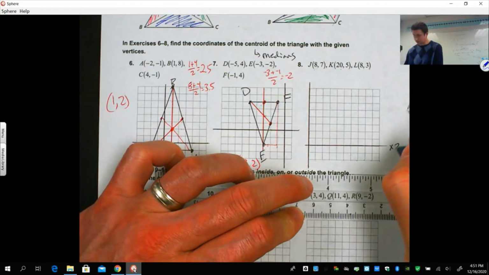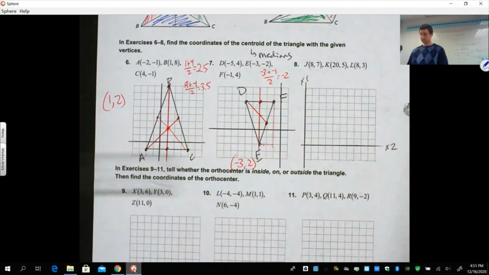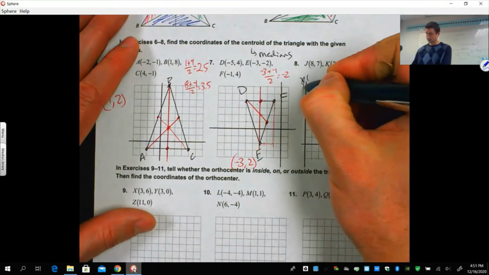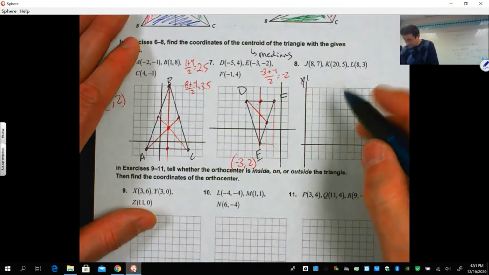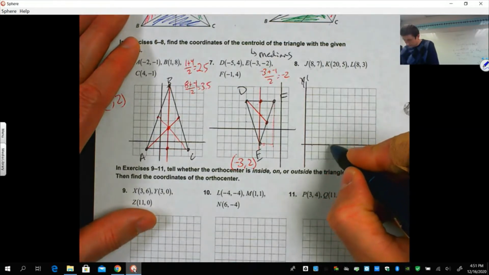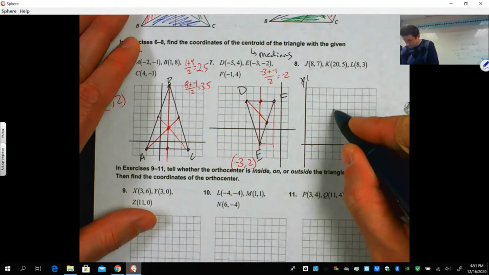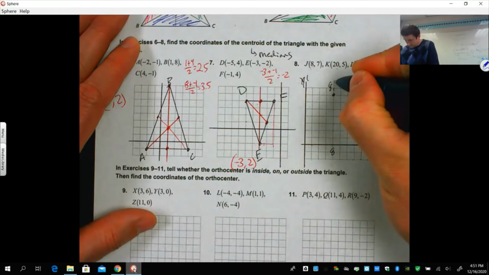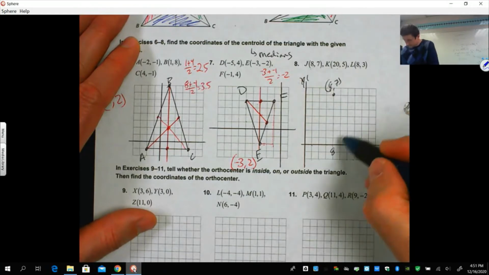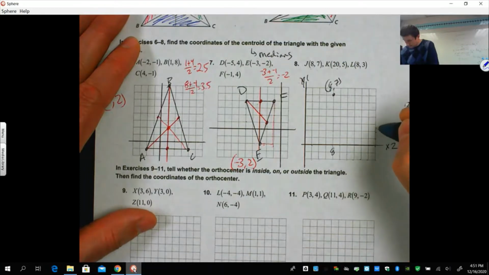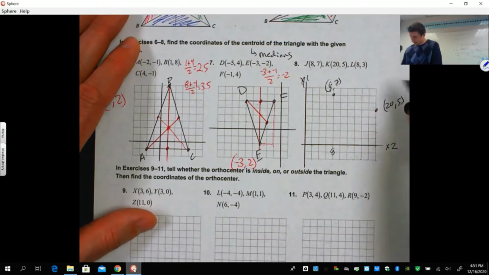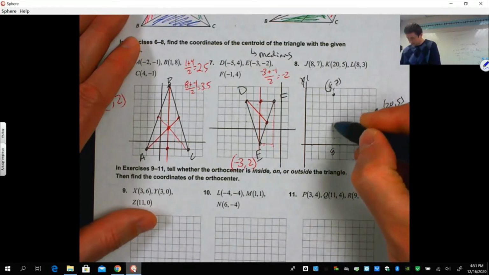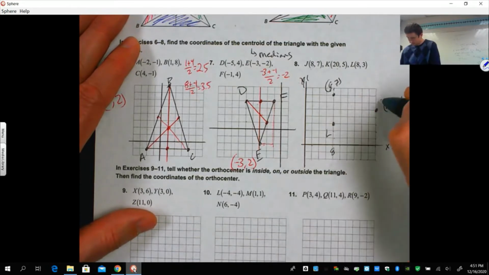So this one's counting by 2s, this one we're going to count by 1s. So x is counting by 2s, y is going to be counting by 1s. So 8, 7 is 1, 2, 3, 4, 1, 2, 3, 4, 5, 6, 7. There's 8, 8, 7, 10, 12, 14, 16, 18, 20, 2, 3, 4, 5, and then 8, 3, 1, 2, 3. So L, K, J.